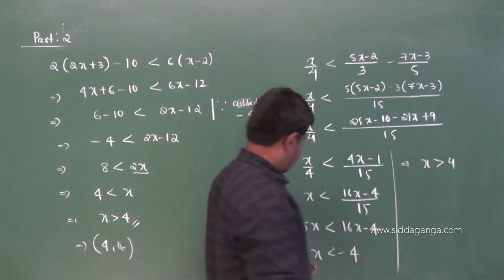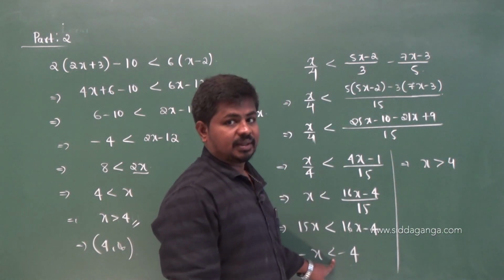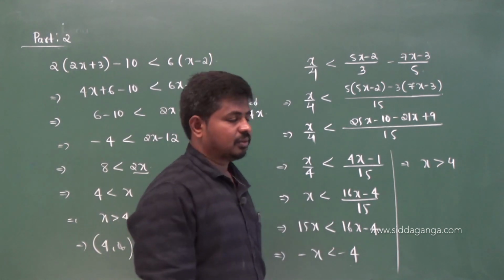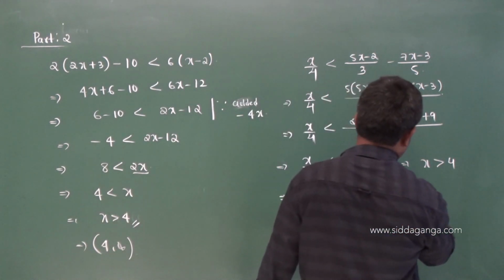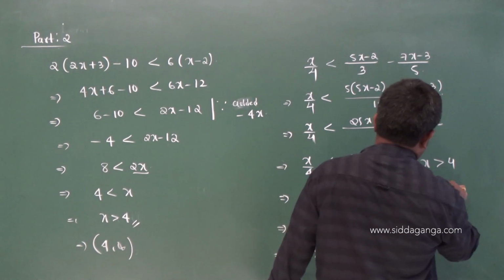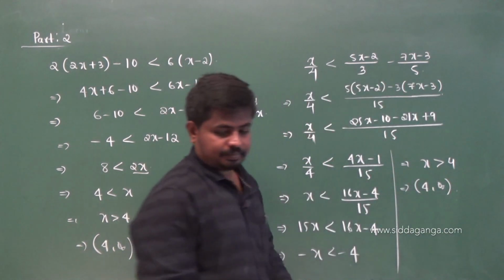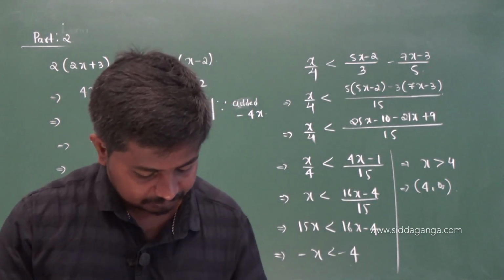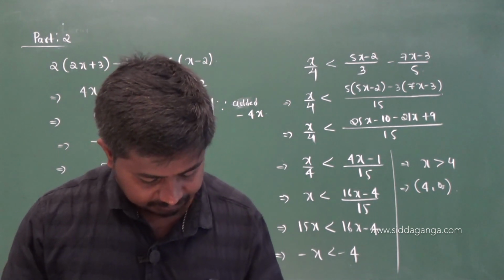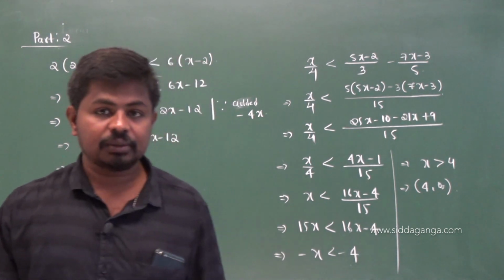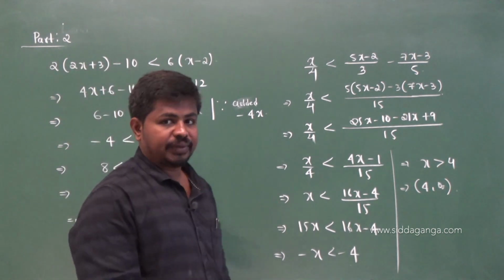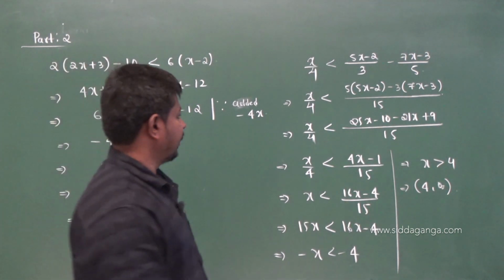The symbol is reversed, less than becomes greater than, because we multiplied by a negative number. So your solution is 4 to infinity. Okay, this is how we solve inequalities in one variable.